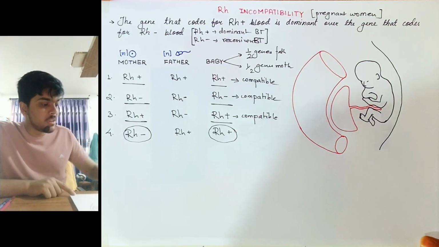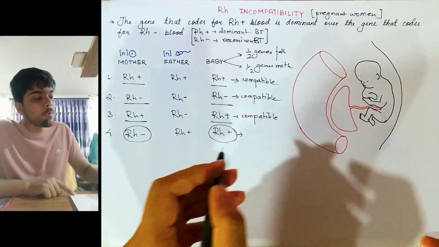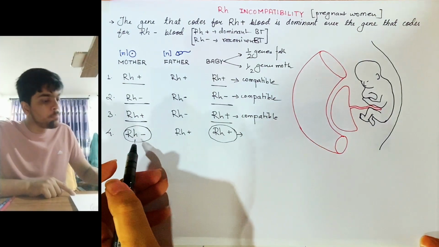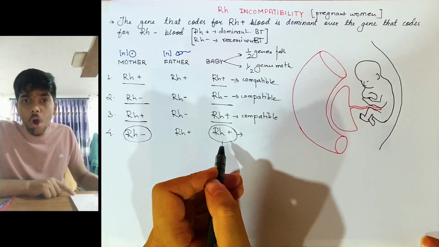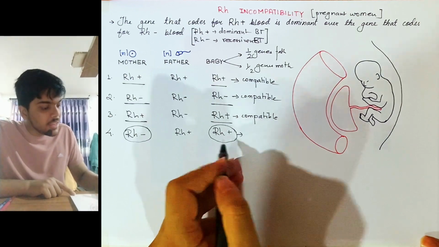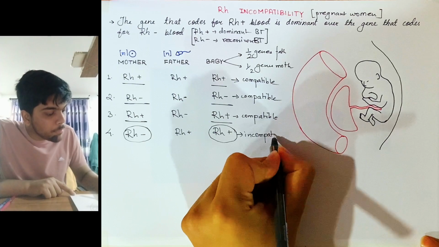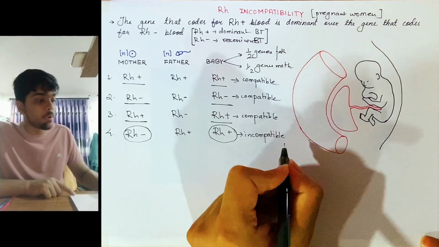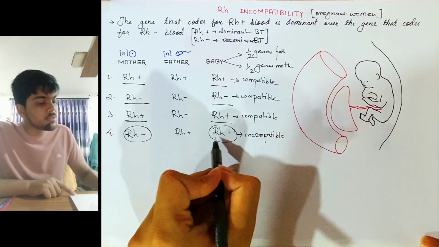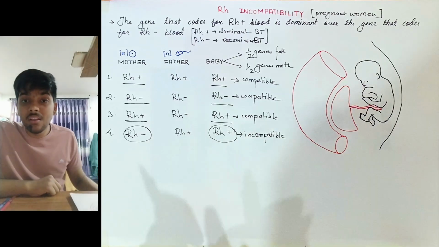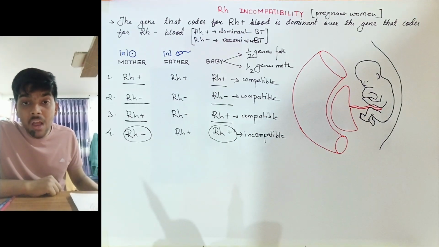In this case, the blood type of the mother and the blood type of the baby are opposite or incompatible. By incompatible, it means that if the blood of the mother mixes with the blood of the baby, then there's danger. Why?